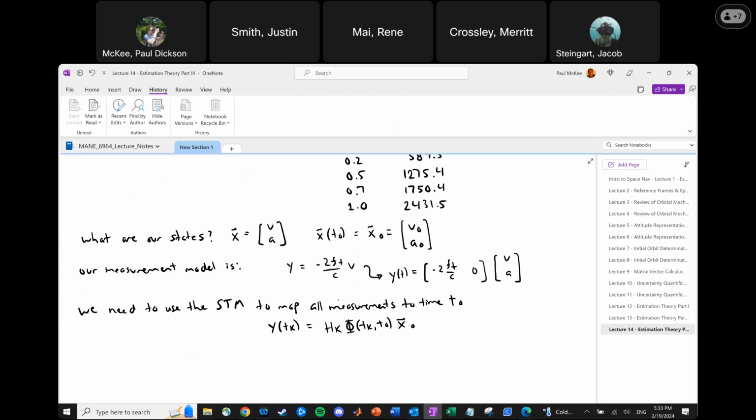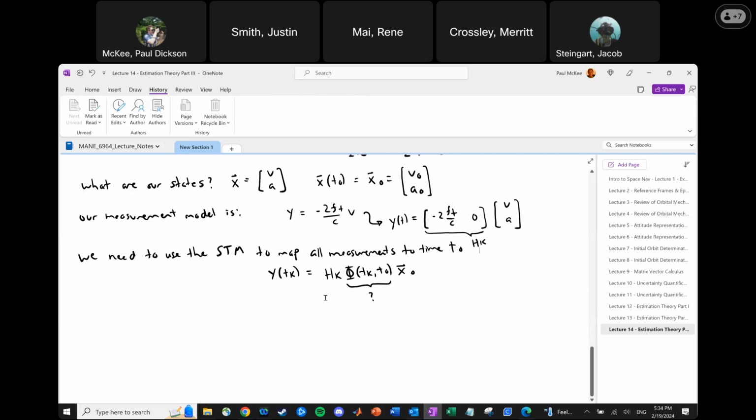That's really what we're after. Okay. So we need this phi before we proceed, right? hk, I suppose this is hk. So we have part of our measurement sensitivity matrix, H. Really, it's phi that we need to focus on. So all we need to proceed is the state transition matrix.